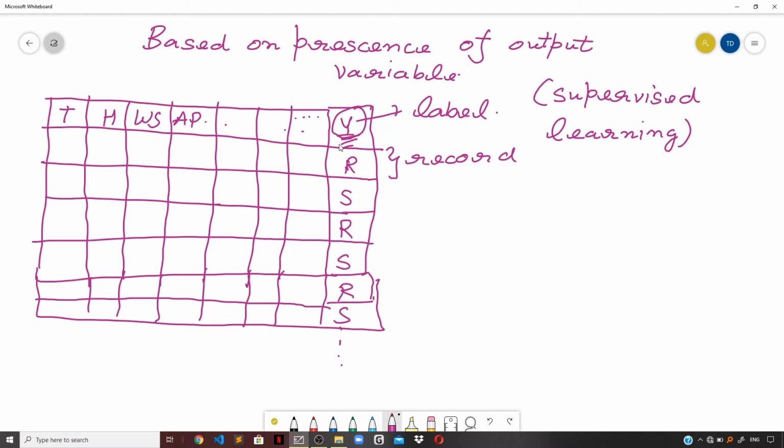Now let us discuss different types of supervised learning in a bit more detail. So I will clear up my screen and write different types of supervised learning. I'm saying SL for supervised learning.